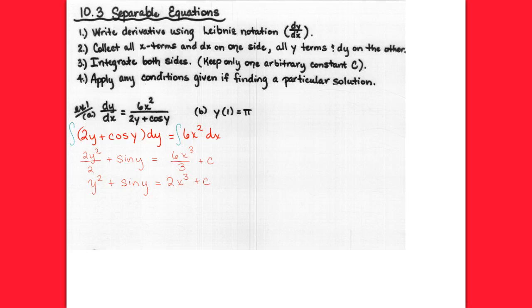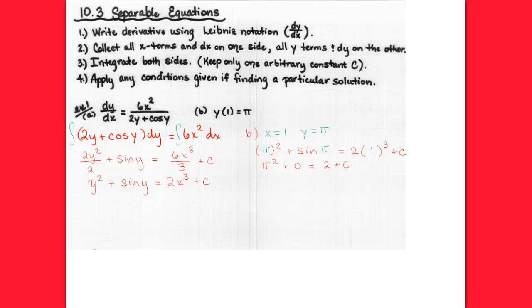All right, so let's deal with y(1) equal to pi. That means that when x is equal to 1, y is equal to pi. So I'm going to put 1 in for every x and pi in for every y. When I do that, the only unknown will be c, my arbitrary constant, and I'll be able to solve for it. So what's the sine of pi? 0.